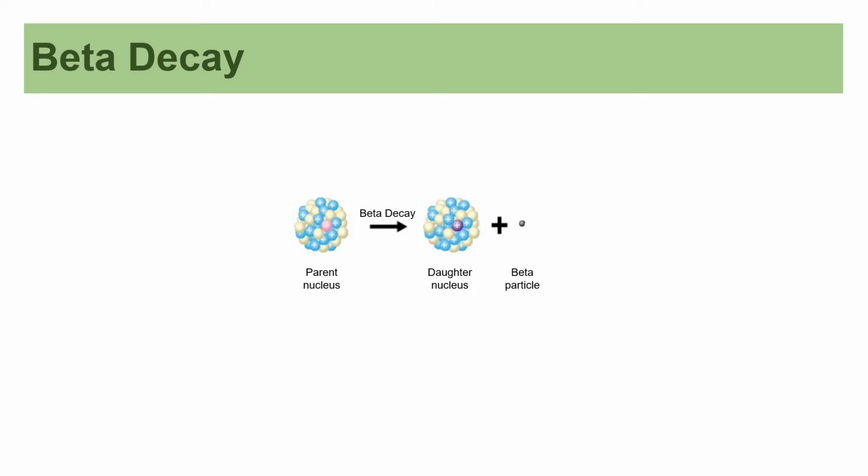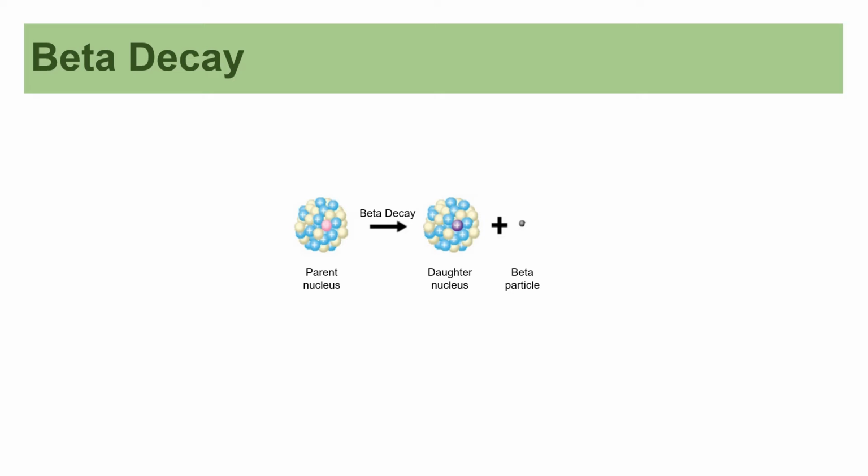Alright, how about beta decay? When beta decay happens, the unstable parent nucleus will emit a beta particle to become a stable daughter nucleus.